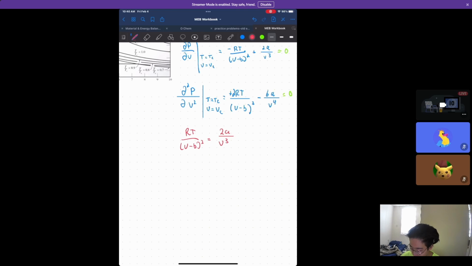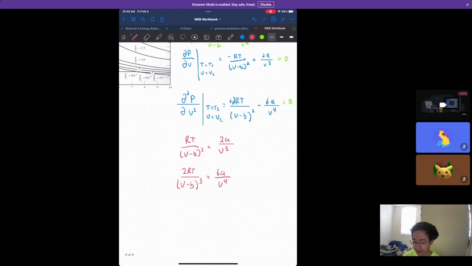And we can say that 2RT over (V minus B) quantity cubed is equal to 6a over V to the 4th. Now, I'm sure you've noticed, but I did a little bit of an oopsie here, and I noticed it as I'm writing it down.